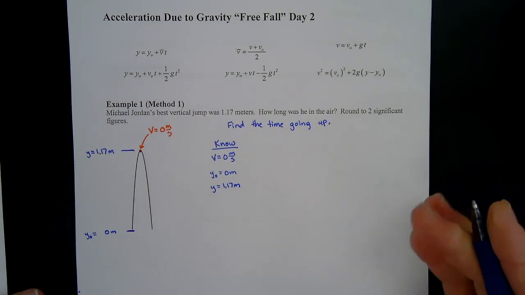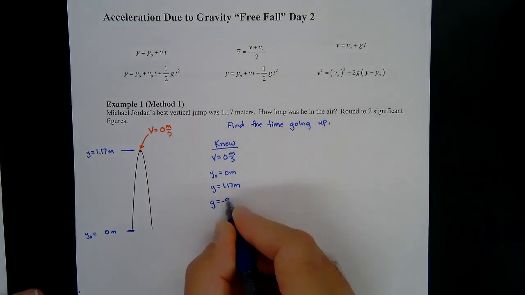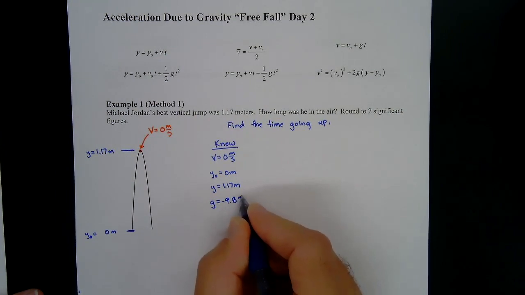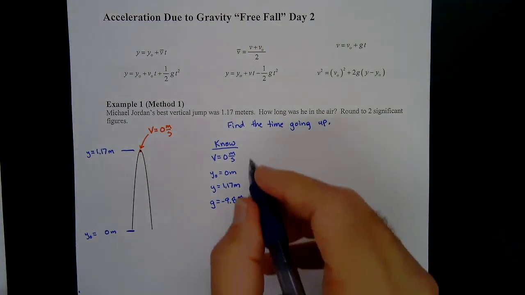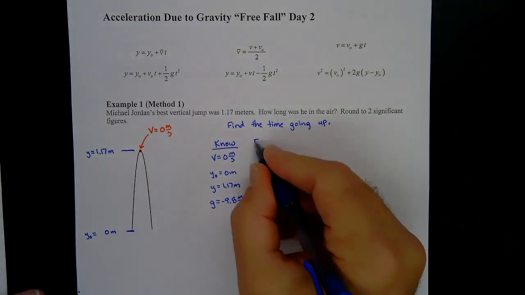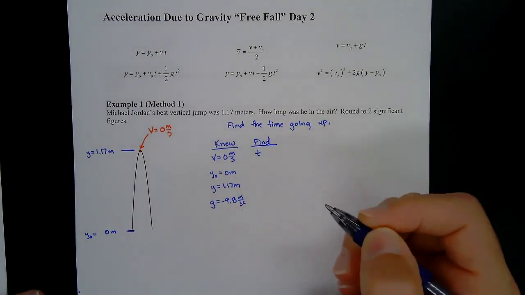And we also know something else. We know G, our gravity. Gravity is always negative 9.8 meters per second squared. So anytime you leave the ground going up, you have acceleration due to gravity. And so then what we're going to want to find is our time.